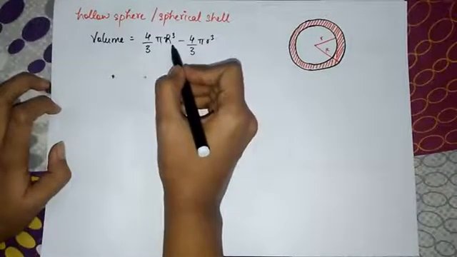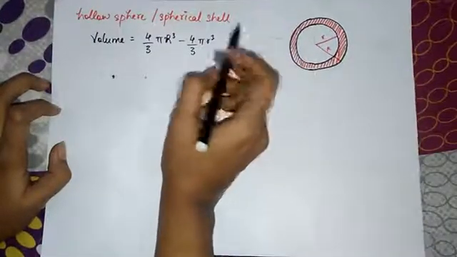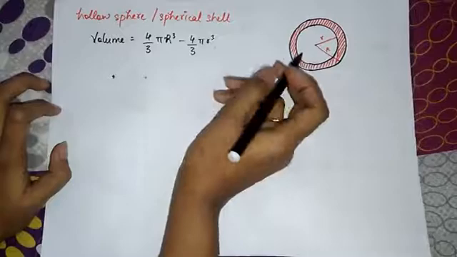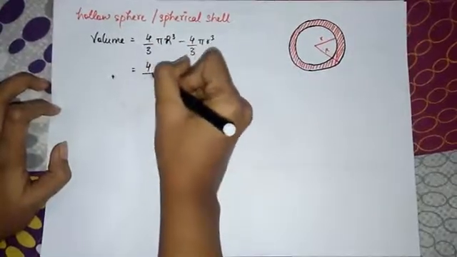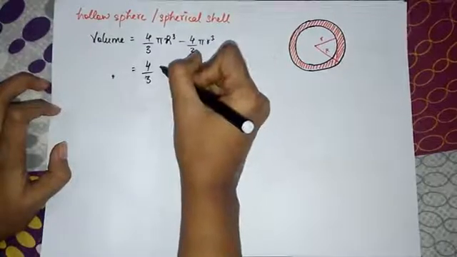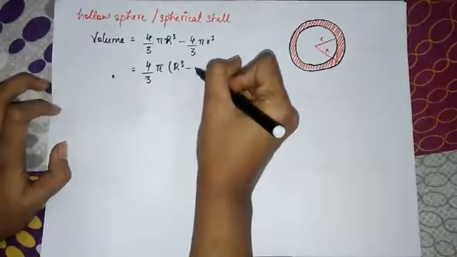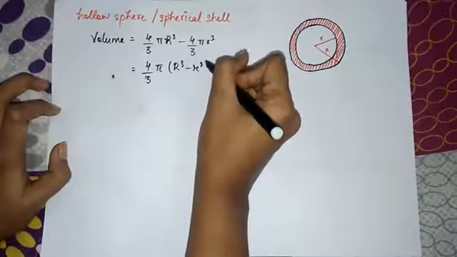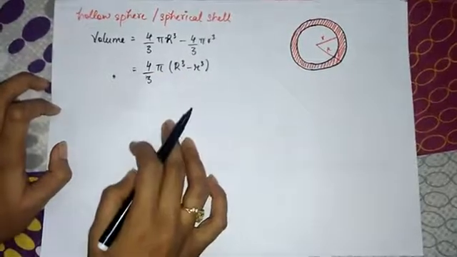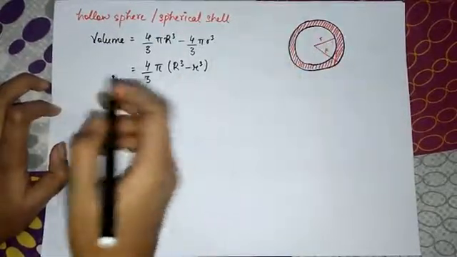This R, capital R, is for the outer part, outer circle, and small r is for inner circle. If we take 4 by 3 common from here, and also pi, then this remains, and this is your formula for volume of this spherical shell or this part.